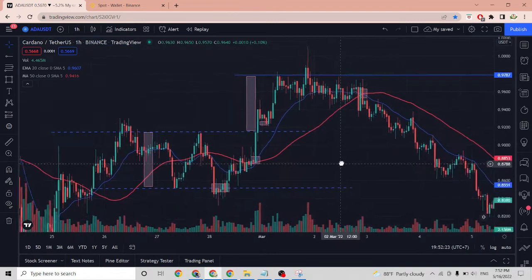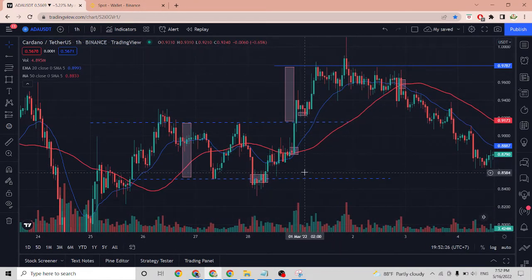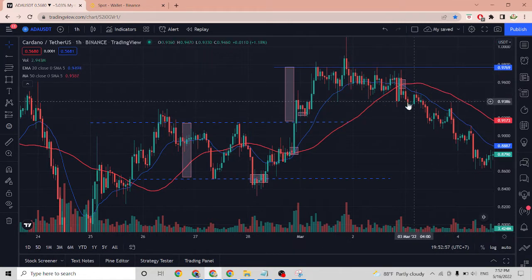Again, this bullish rectangle happens on sideways. So you can buy it here or wait until it confirms here. Buy at this place, confirm here, and you can buy it. And you can sell it here, where the chart goes to here. Sell at 0.97.